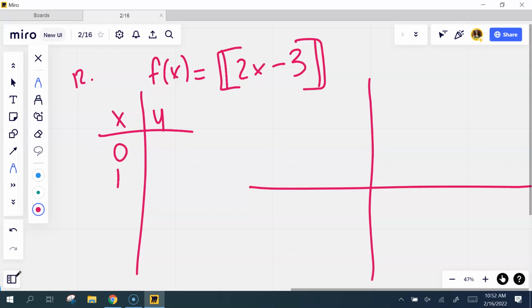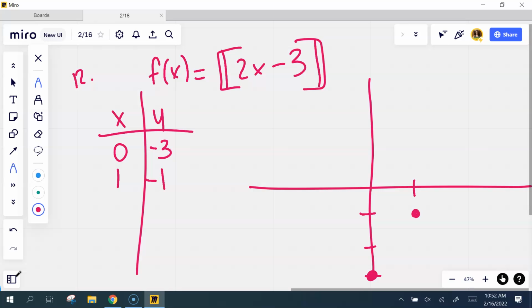If I plug in 0, I get 0 minus 3, which is -3. If I plug in 1, I get 2 minus 3, which is -1. So I get (1, -1).